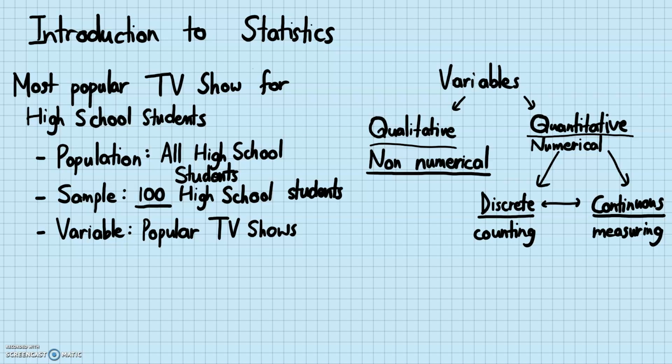The variable is going to be what we are trying to study about this population. And in this particular case, the variable is going to be qualitative, because it is non-numeric. Popular TV shows is not going to be numeric. Okay, so these are the basic areas of statistics and the terminology that we use in statistics in studying data.